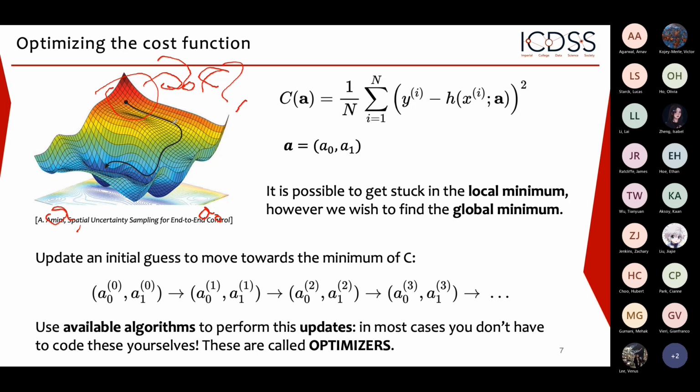Realistically, most of the time you never implement this kind of optimization process. You always use some of the functions that, for instance, are available in TensorFlow. It's quite natural to implement this in TensorFlow. Okay, TensorFlow gives you a lot of very powerful, very complicated algorithms that you don't need to hard code every time. So for the time being, I'm just going to say that you can use any of the available algorithms to find the minimum of this function.